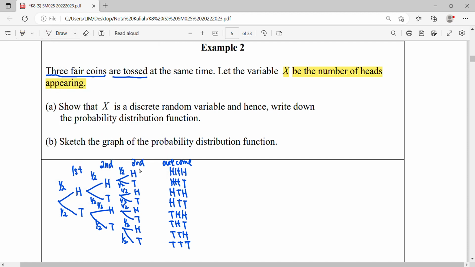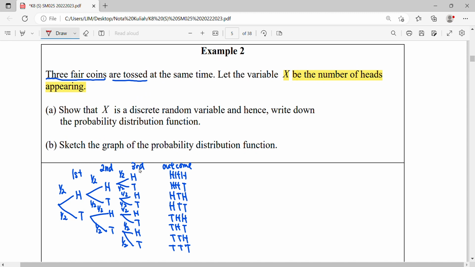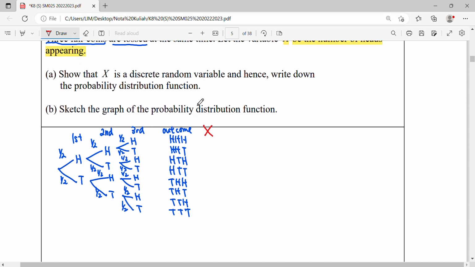So the random variable here that you want is your number of heads. How many heads in this outcome? 3. Then this is 2, 2, 1, 2, 1, 1, 0.